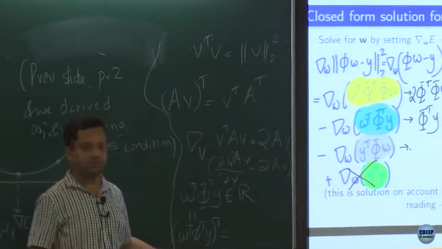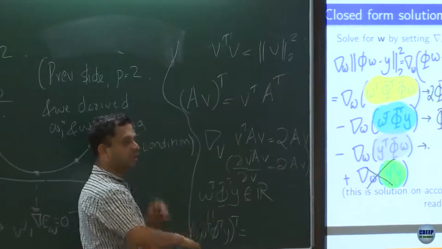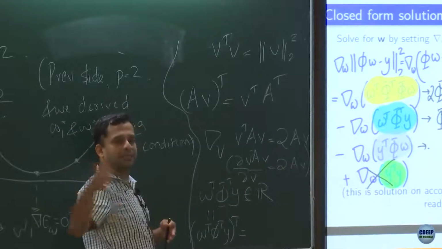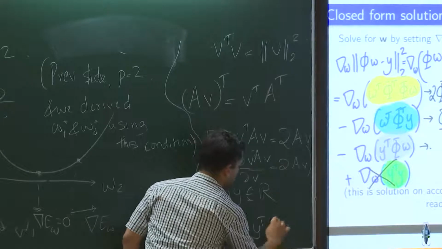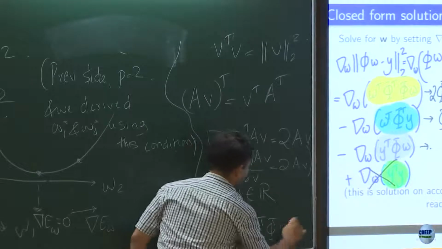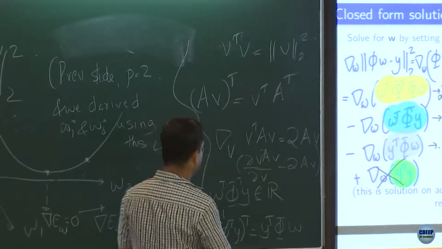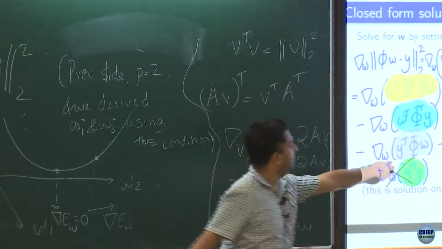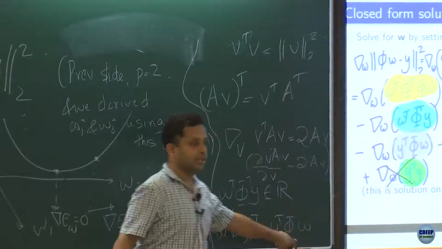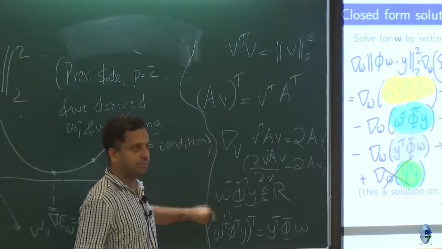A scalar transpose is equal to the scalar. Now you just distribute the transpose and multiply them in the inverse sequence, giving y transpose phi w. Sorry, I had it the other way, but it doesn't matter. So y transpose phi w is nothing but the transpose of the other thing.